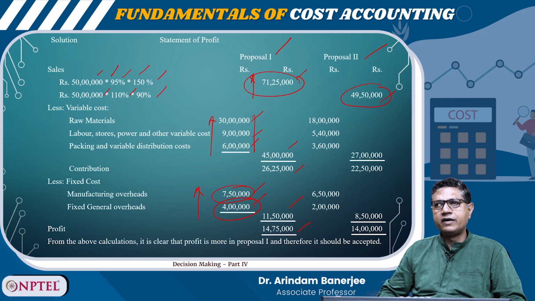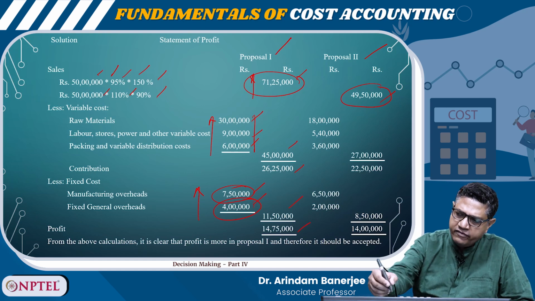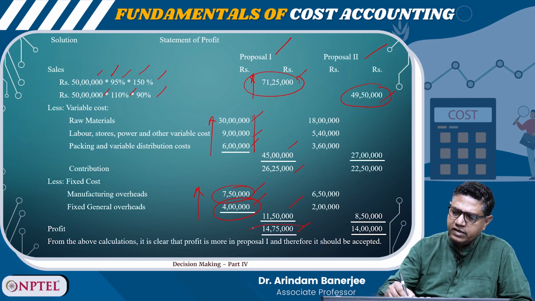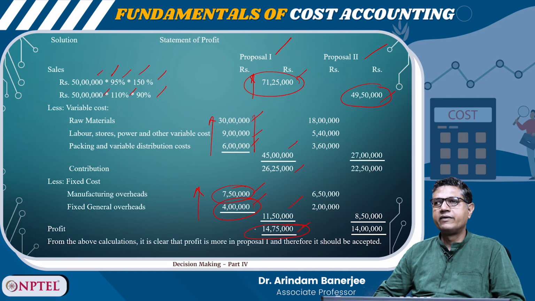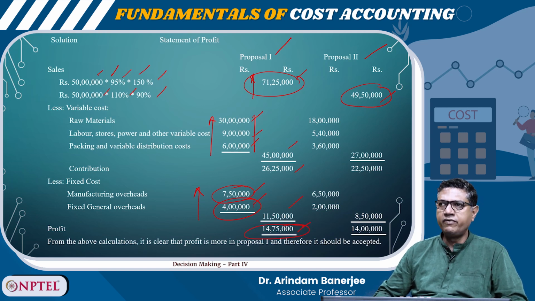I need to see whether my change in sales revenue is increasing at a higher pace than the increase in cost, that I need to check. So, after calculating the profit, I got the final profit at 14 lakh 75,000, fine.